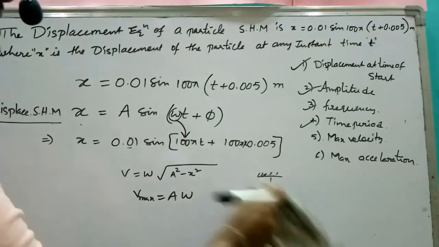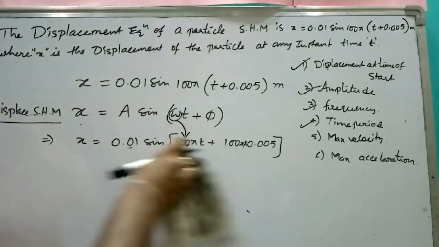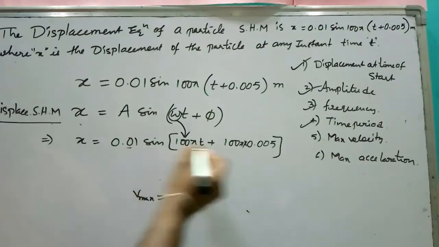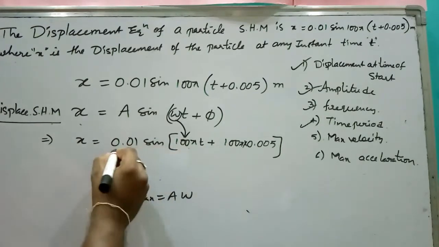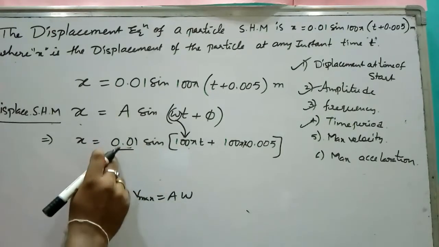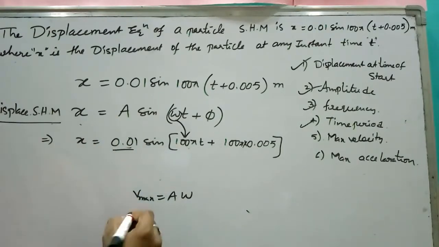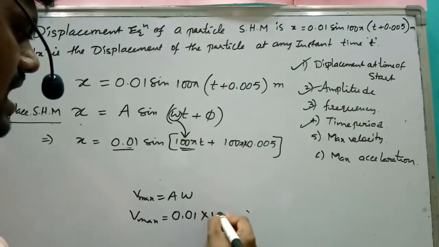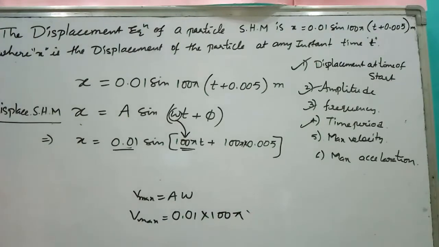Okay. So the maximum velocity formula is V maximum equal to A omega. From the given data, what is the amplitude? 0.01. So V maximum equal to 0.01 meter into omega, and omega equal to 100 pi. This 0.01 means 1 by 100.